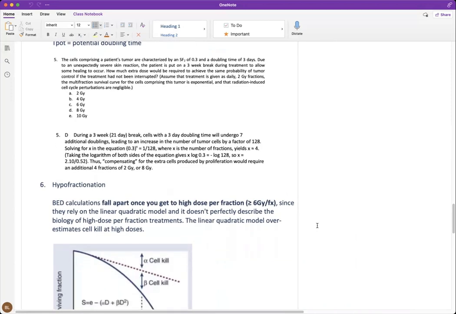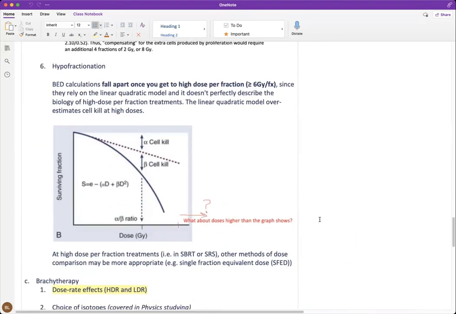Okay, hypofractionation. If you notice this curve and you follow it, at a certain point you get to where the survival is 0. But we know we don't have a perfect treatment at a dose around here.